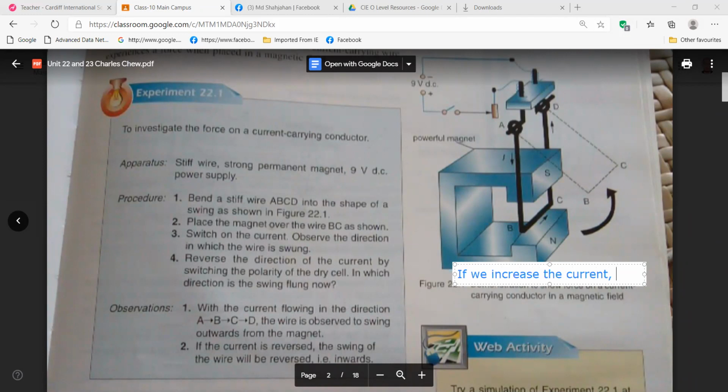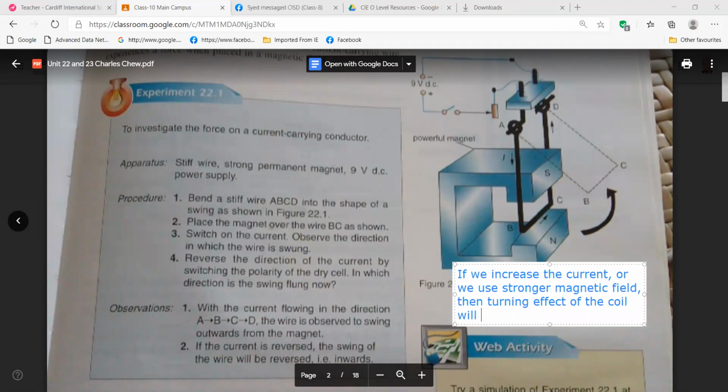Now, if we increase the current or we use a stronger magnetic field, then the turning effect of the coil will be more.